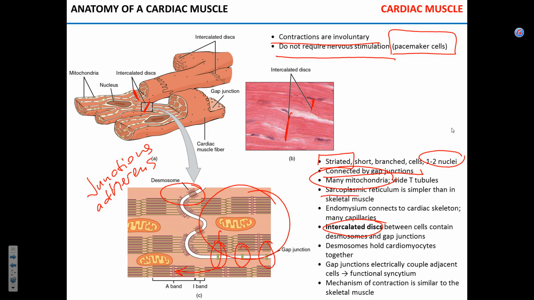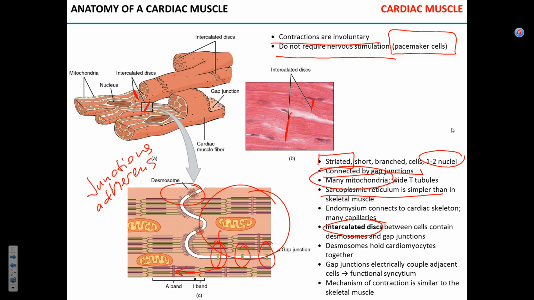The sarcoplasmic reticulum is simpler, not as branched compared to skeletal muscle. And the endomysium, the connective tissue that surrounds each individual cardiac muscle cell, is connected to the cardiac skeleton, the connective tissue framework, and this connection between cardiomyocytes and the cardiac skeleton allows the heart to contract in a 3D fashion.